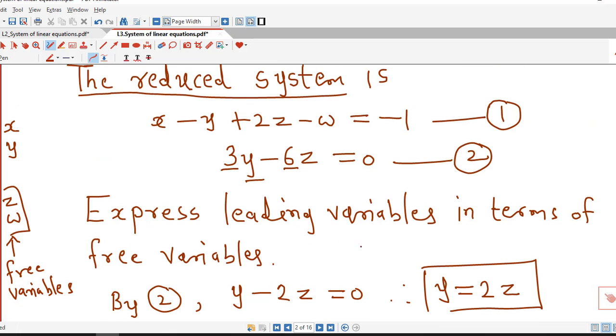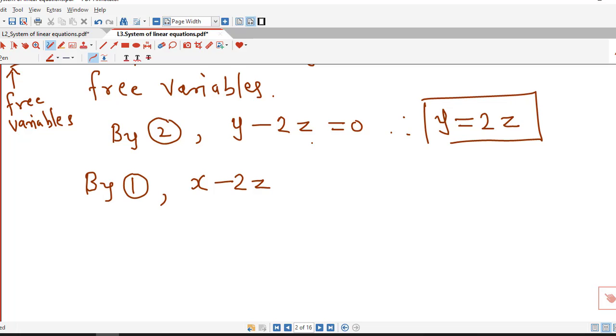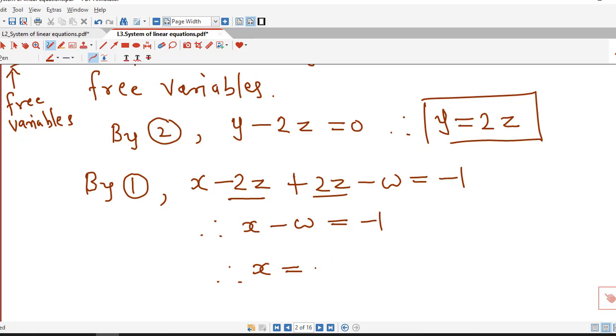So x minus 2z plus 2z minus w equal to minus 1. Therefore minus 2z plus 2z is 0 and x minus w is minus 1. x is a leading variable, so we express x in terms of w. x equal to w minus 1.